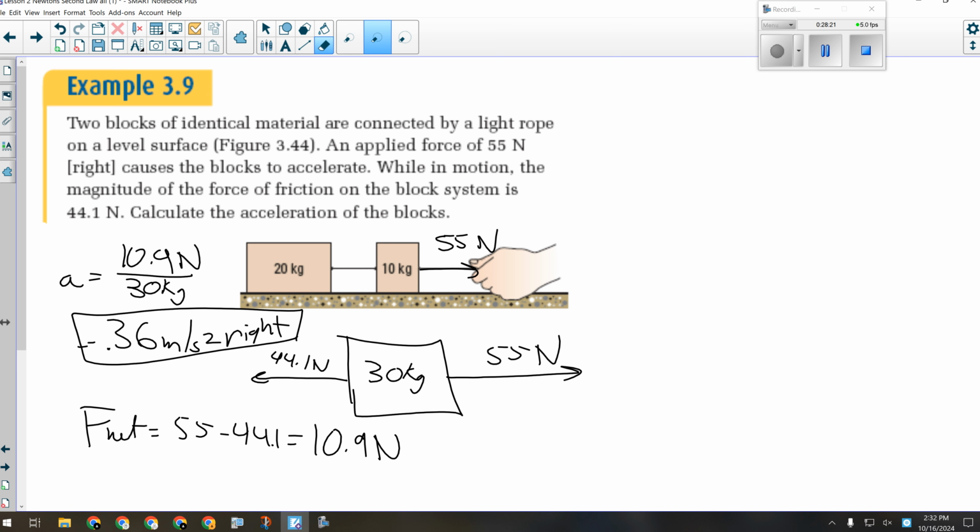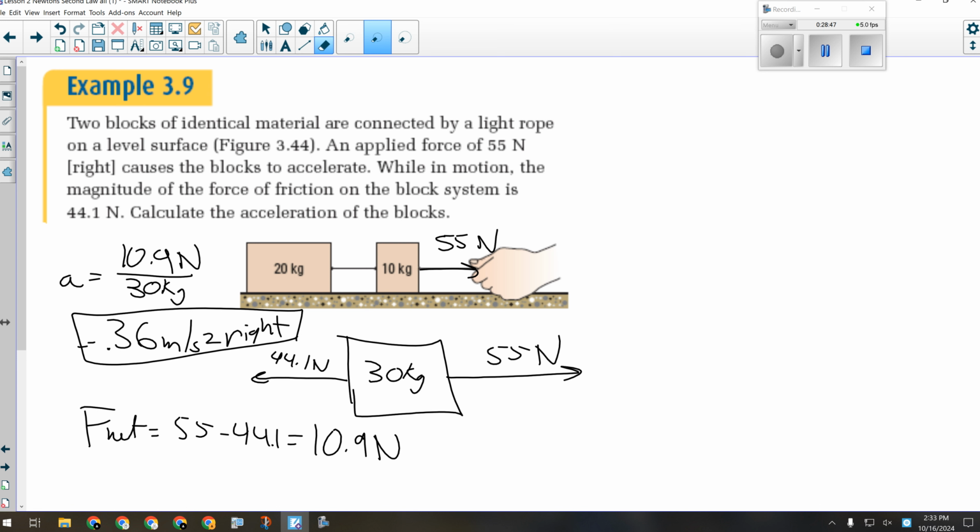When you pull on a wagon, can you feel the wagon pull back on you? You try and go forward and it feels like you're being resisted. Well, that's similar to this. The 10 kilogram block is pulling forward on the 20 kilogram block, and the 20 kilogram block is pulling backwards on the 10 kilogram block. That produces a tension in the thing connecting the two of them.